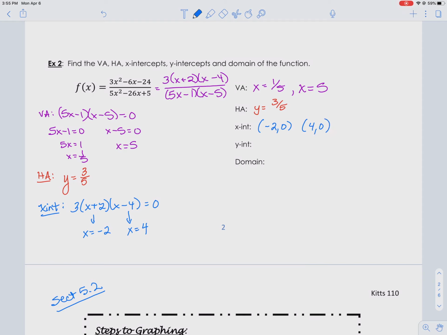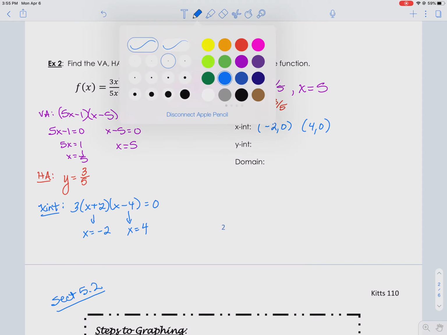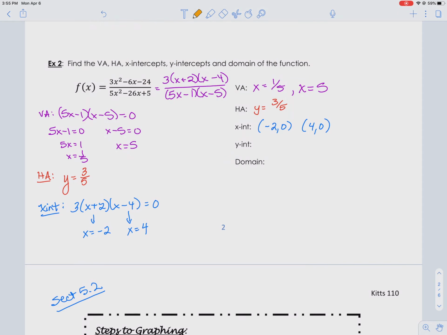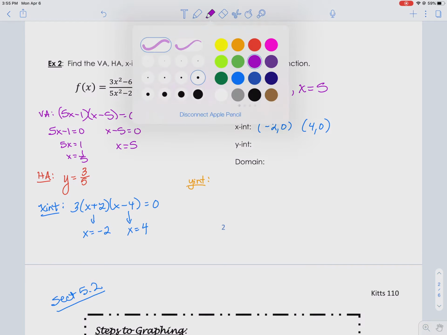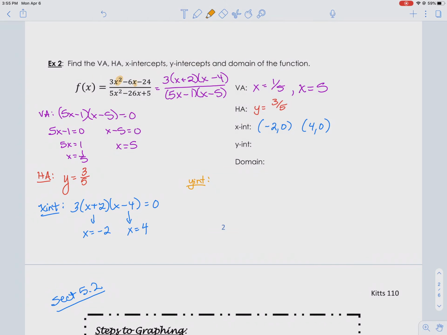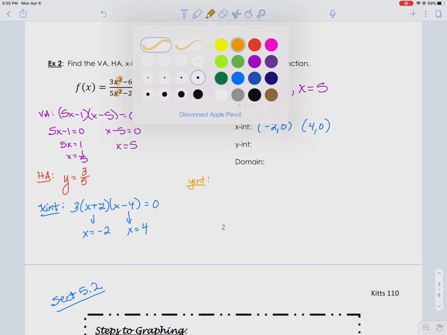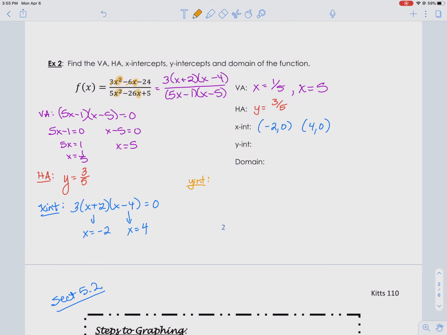For the y-intercept, remember we're going to just plug in a 0. So I'll plug a 0 in all these places, here and here and here and here. Now notice when I plug a 0 in, that is going to just make those terms cancel out. So that's all I've got left.